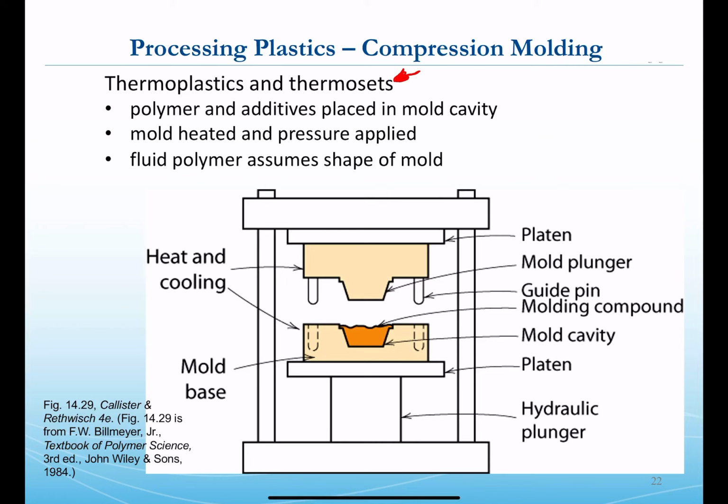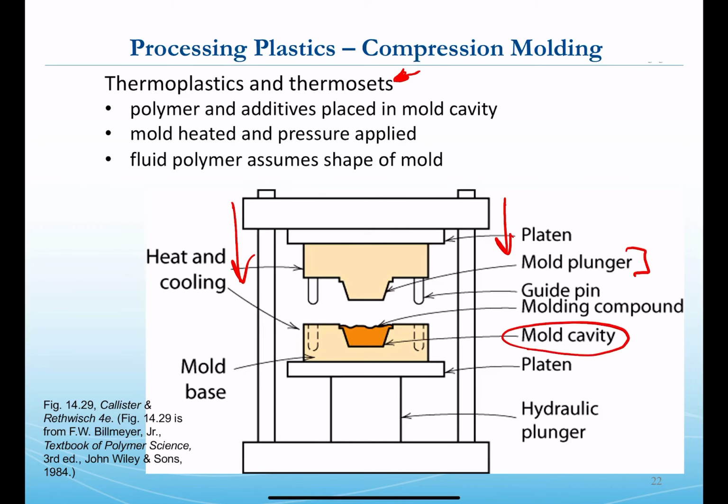But in this case, both thermosets and thermoplastics can be used, so the polymers and any additives are placed in a mold cavity that, of course, starts open. The mold cavity can be heated, and then ultimately the top plate can be dropped by hydraulic pressure or other means, and the top mold plunger, for example, might help set the final object shape.